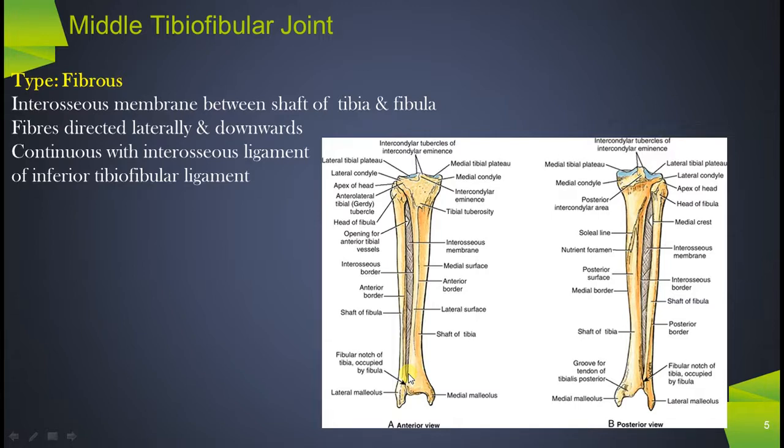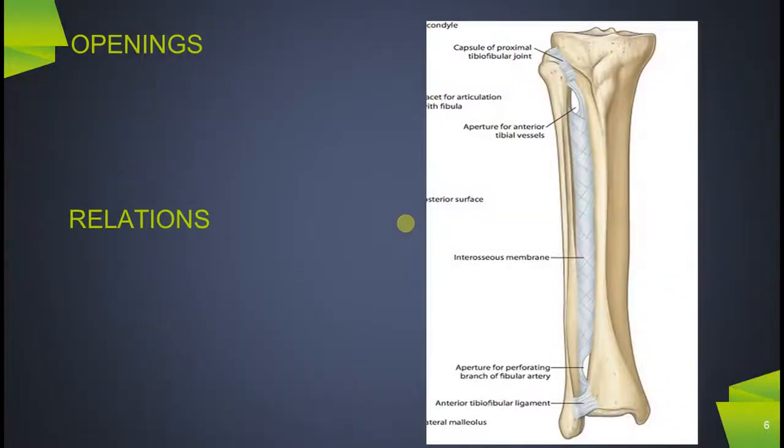Above, you have an opening in the interosseous membrane for the passage of the anterior tibial vessels, and below, it is pierced by the perforating branch of the fibular artery, also called the peroneal artery.